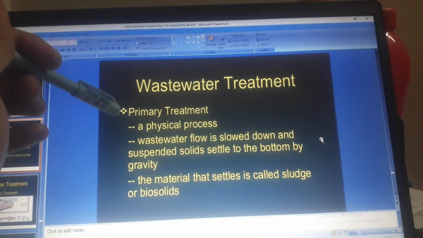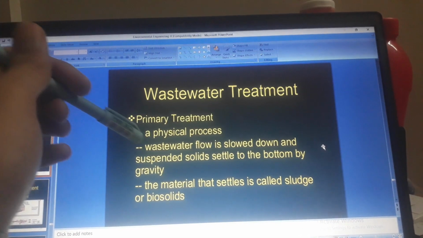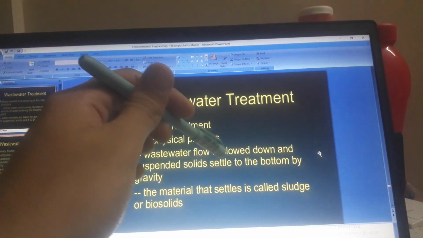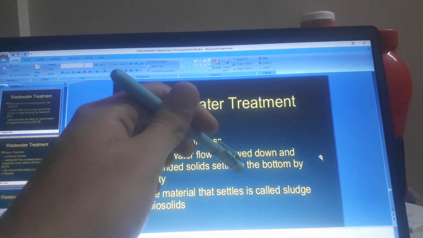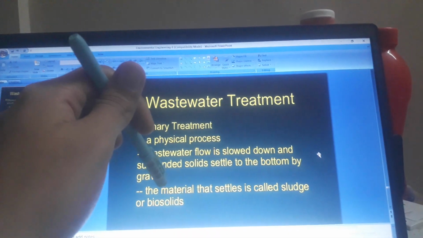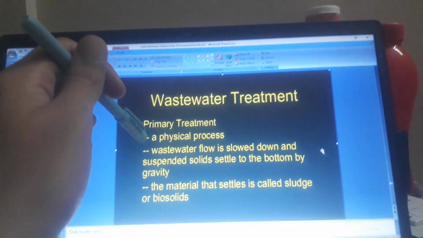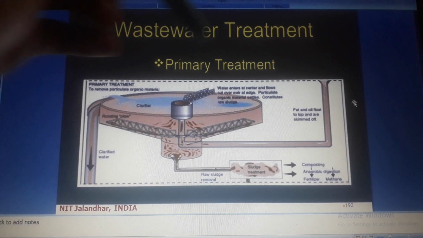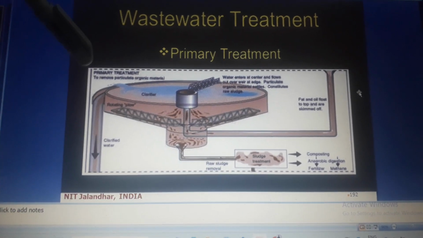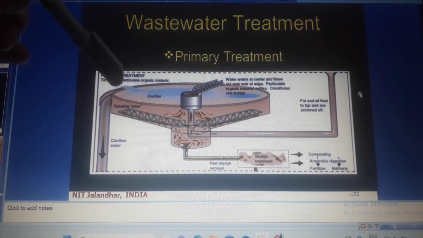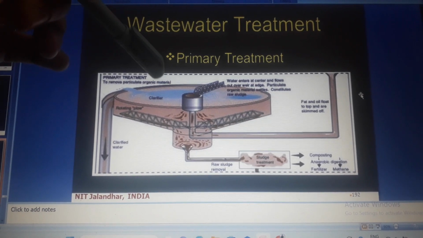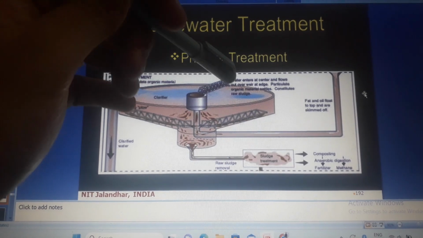Primary treatment is a physical process. Wastewater flow is slowed down and suspended solids settle to the bottom by gravity. Material that settles is called sludge or biosolids. Primary treatment removes particulate organic material. This is the clarifier.